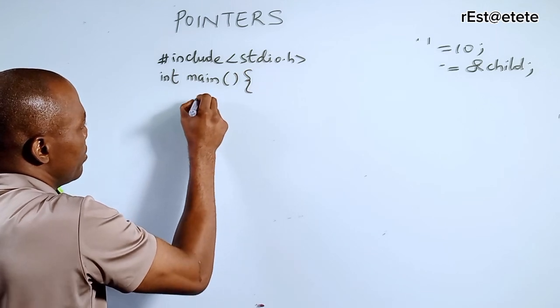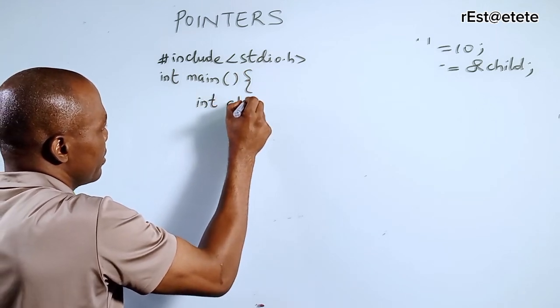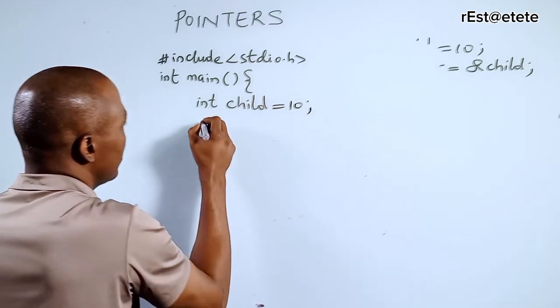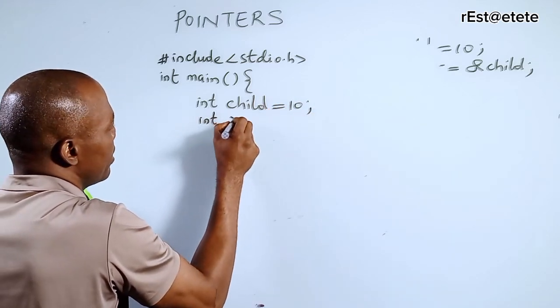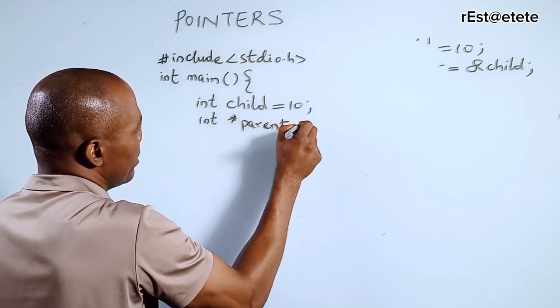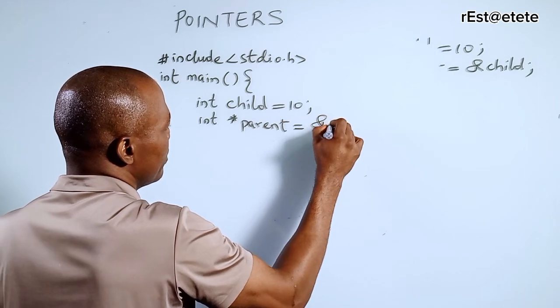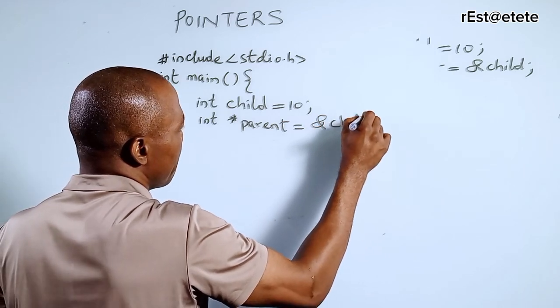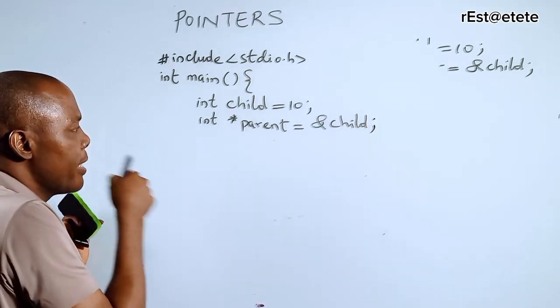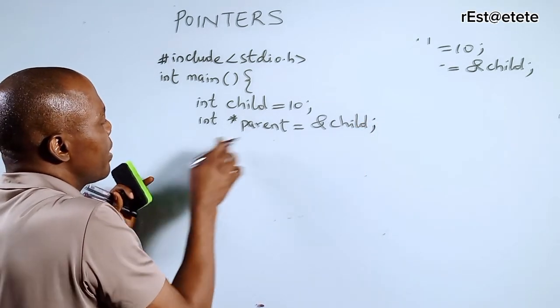Then I'll come here and I'll say int child. That is the variable name. Assign 10, right? I'll say int asterisk parent, assign address of child to it.